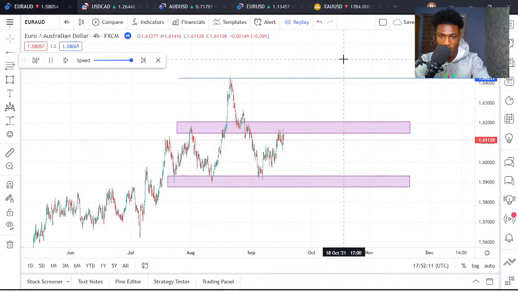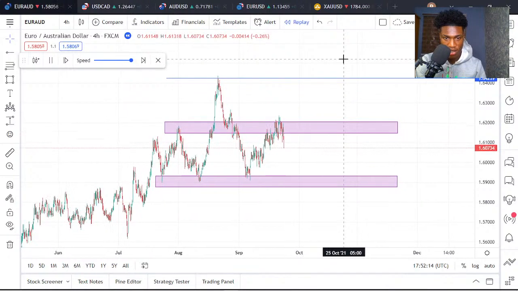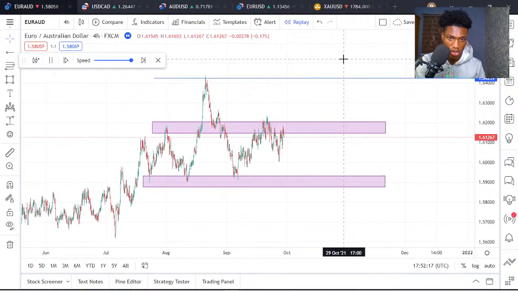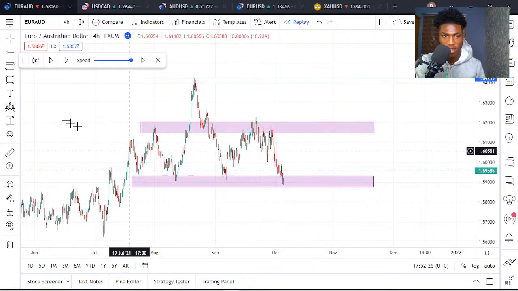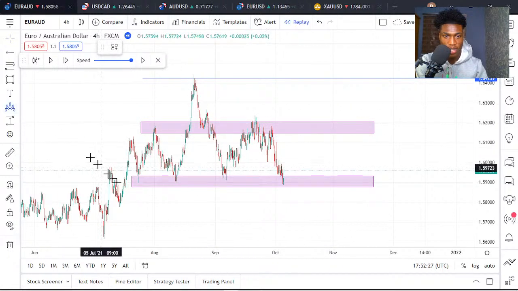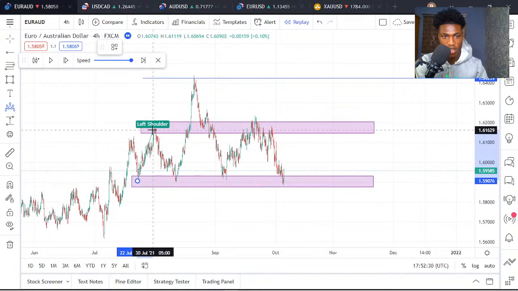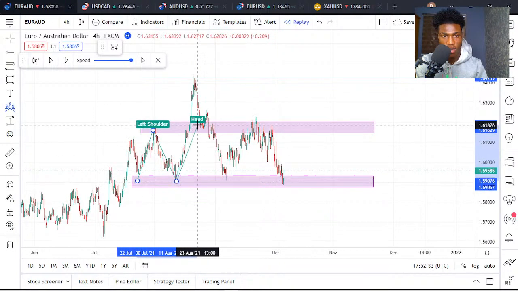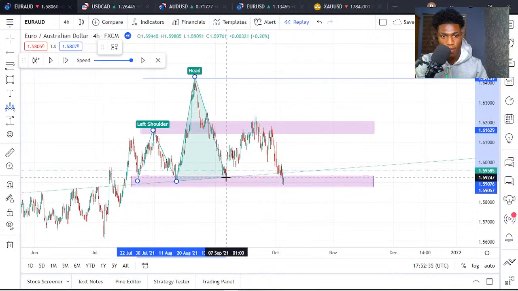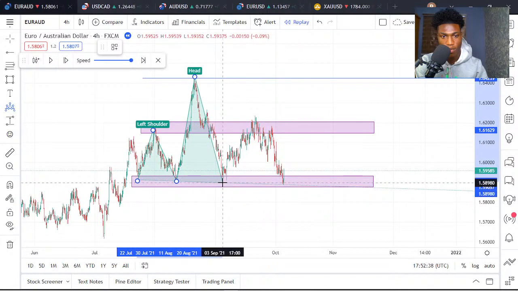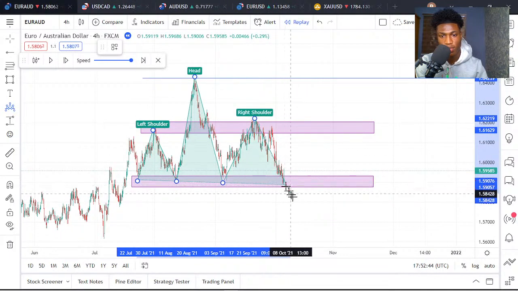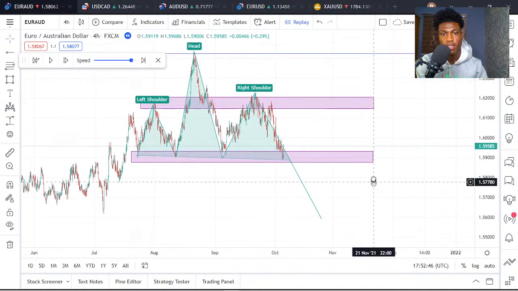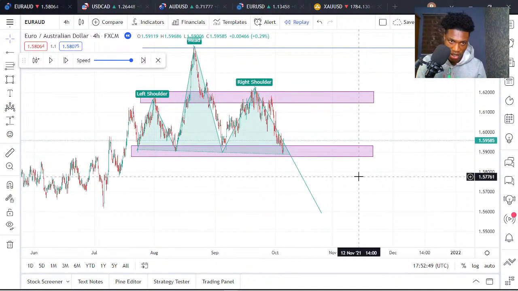Like I said, this is why I use zones, because if I had used a line, then price may not have gotten to the specific line that I used. If you understand what's happening here, you can see that price has just formed a head and shoulder pattern. Boom, right there. So yes, this is a head and shoulder pattern.